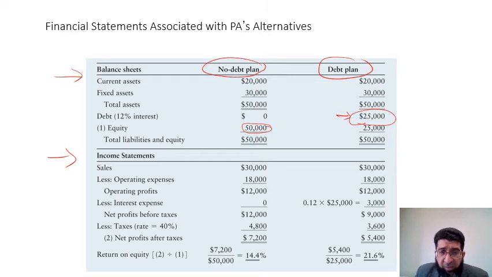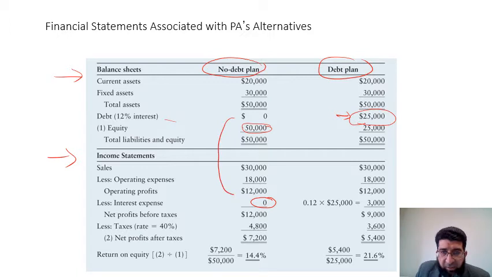What impact will it have on the income statement? You can see that sales are the same, less operating expenses, they are the same for both, $18,000, operating profits $12,000 under both plans. Then we have interest expense. Now in a no debt plan we have no interest because we have zero debt.